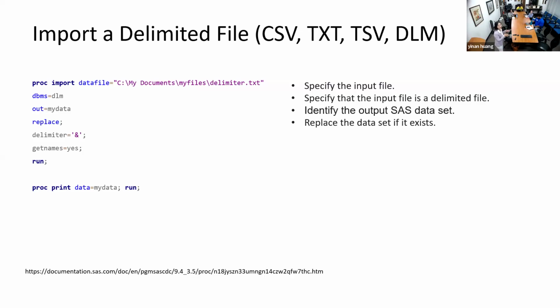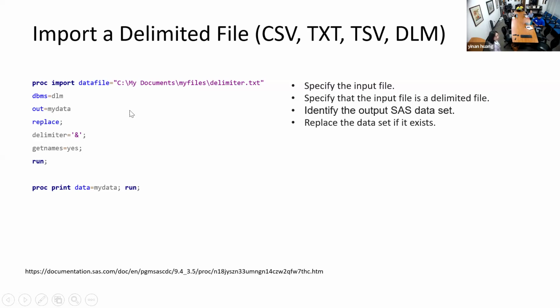There's a different way if it is a CSV, which I will show you later within this link. So DBMS specifies the input file is a delimited file. DLM is an acronym for delimited. Clear? So DBMS equals delimited file.